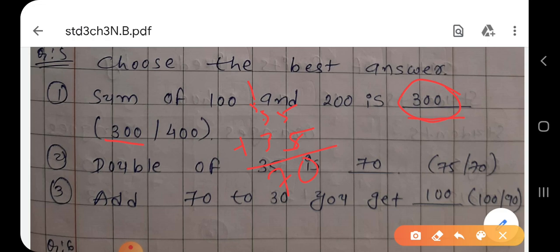So 35 two times is equal to 70. So the options are 75 or 70. So 70 is the right answer. Double of 35 is 70.